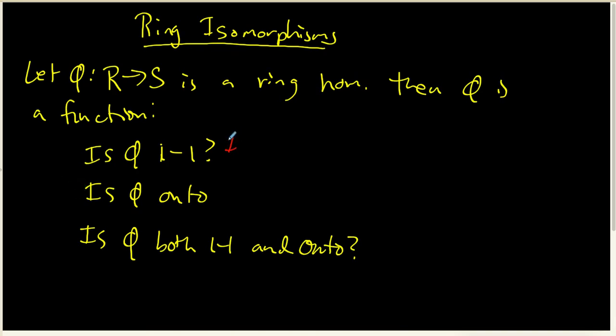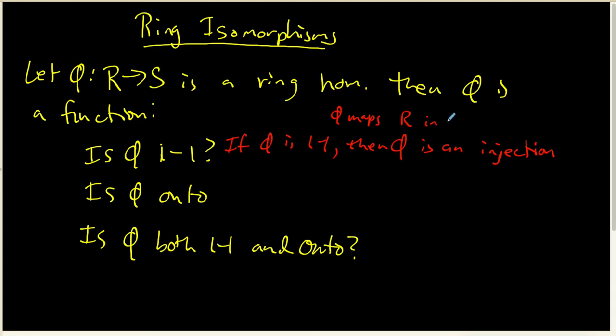Many people will say that if phi is one-to-one, they will refer to phi as an injection. So an injection. And some people will even say that phi maps R into S as an injection.